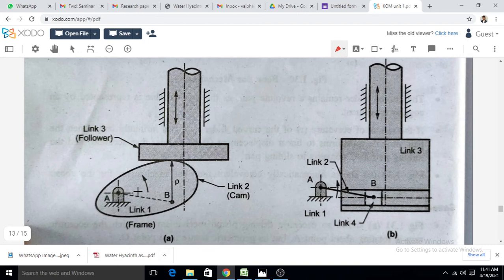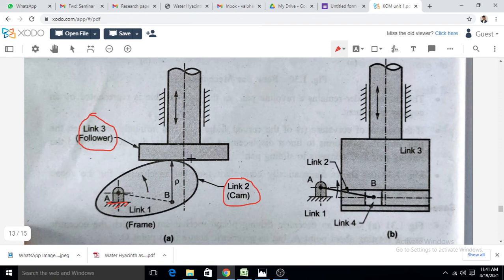Before going to this, consider here is a frame. The frame is the fixed part. It is link 1. This cam is link 2, and this follower is link 3. Here only 3 links are present. That is link 1, the frame, which is fixed. The second link is the cam, and the third link is the follower.